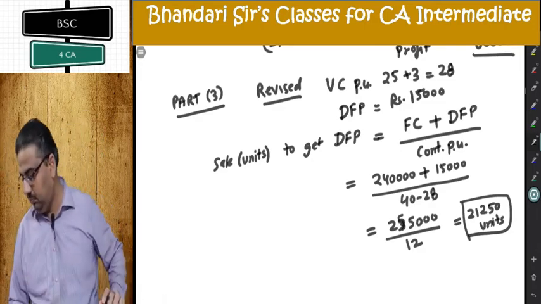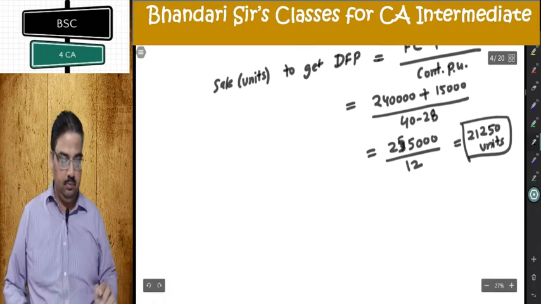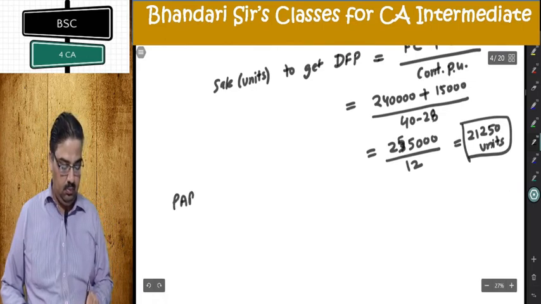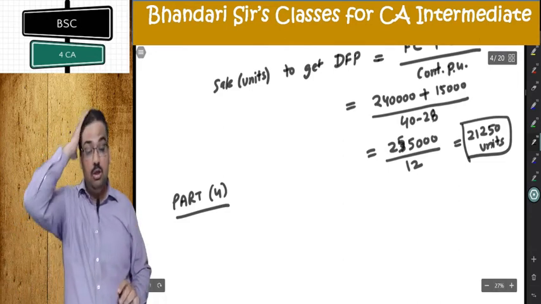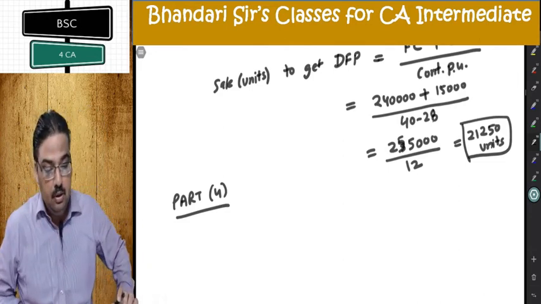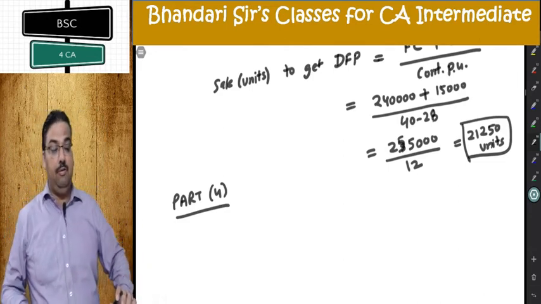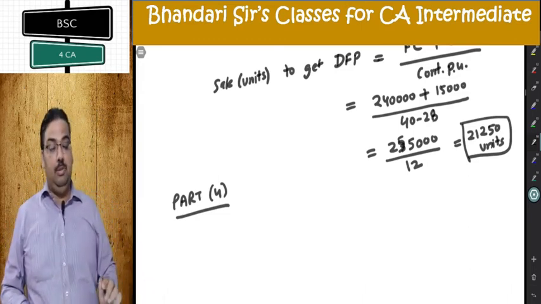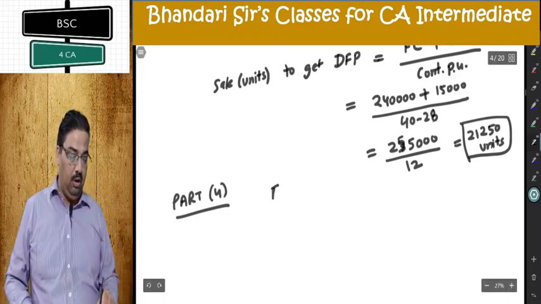Part 4. Again, some changes are being talked about here. He says additional staff salary 33,000 anticipated. So that increases my fixed cost.